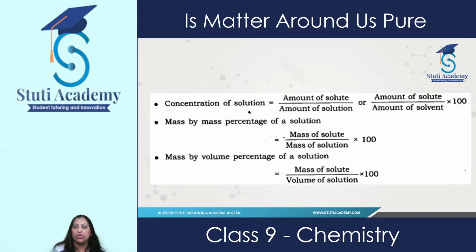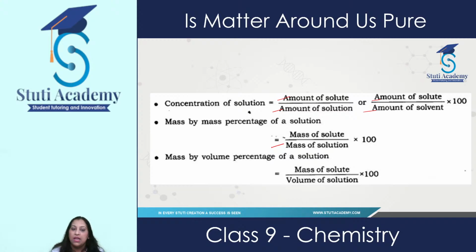Now, how can we find out the concentration of a solution? How can we find out how much amount of solute is present, how much amount of solution is present? So there is a formula: amount of solute upon amount of solution, or amount of solute upon amount of solvent, into 100. Then mass by mass percentage, if you need to find out the mass percentage of solute and solution, then in that case we need to use this formula: mass of solute upon mass of solution.